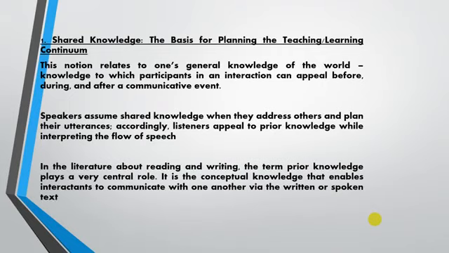In the literature about reading and writing, the term prior knowledge plays a very central role. It is the conceptual knowledge that enables interactants to communicate with one another via the written or spoken text.